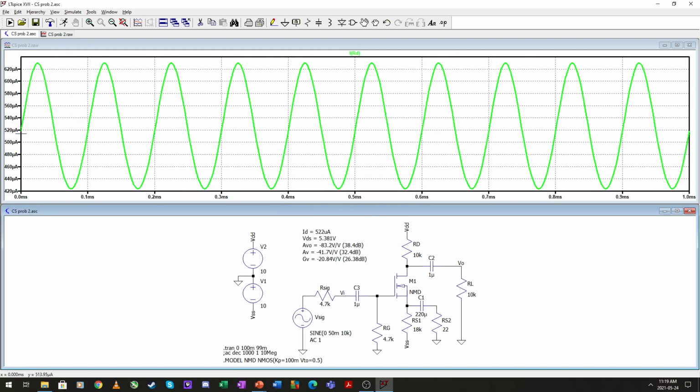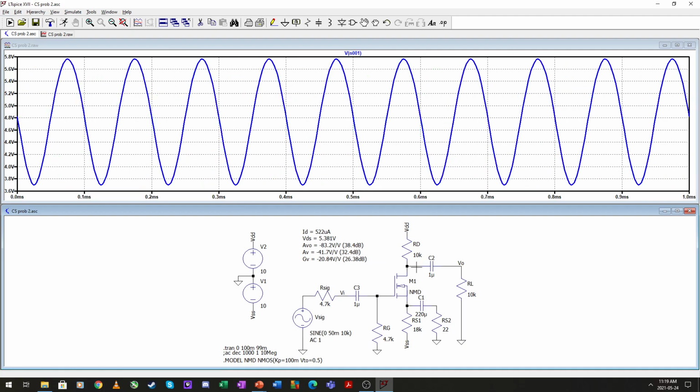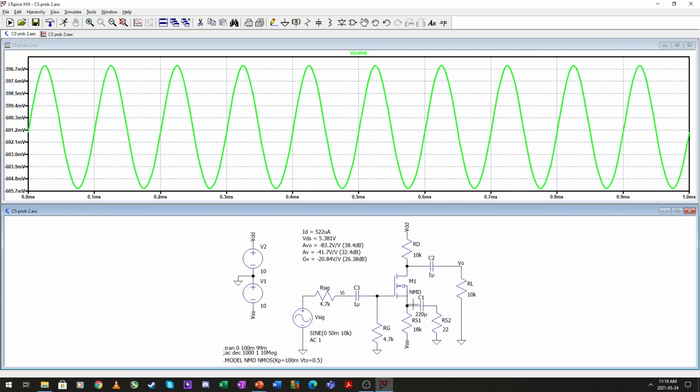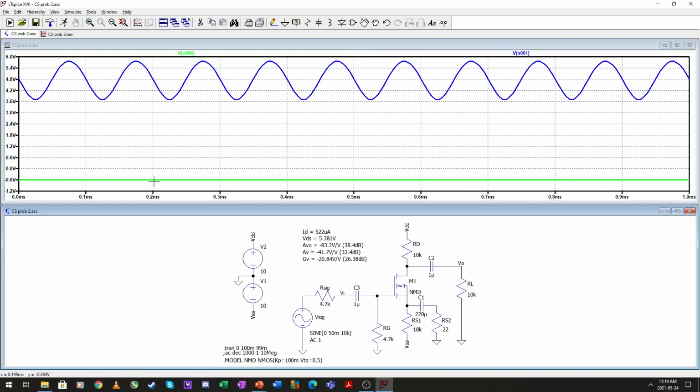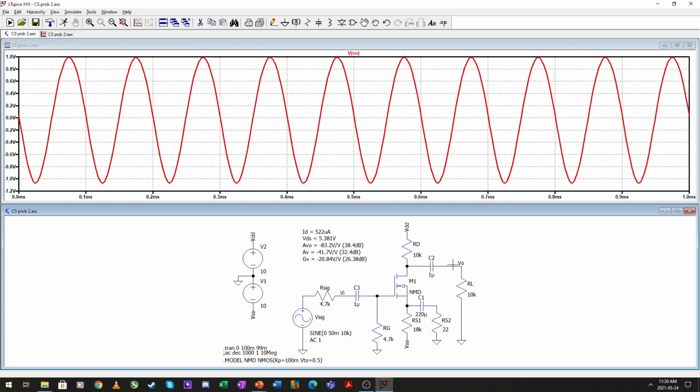Run the transient here, so this signal is sitting on top of that 520. This is not quite the zero that we were expecting, so this top value here minus this bottom one gives us a 5.381 volt VDS, which is close to the 5 we were designing for. AV0 of 83, AV of 41, GV of 21, which is very close to the values we designed for.